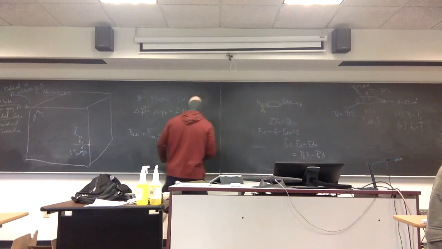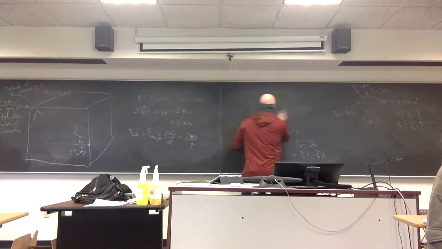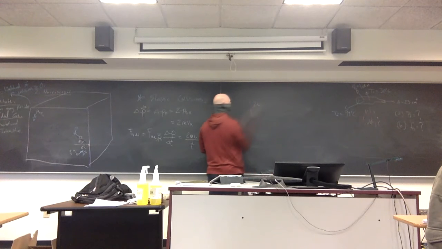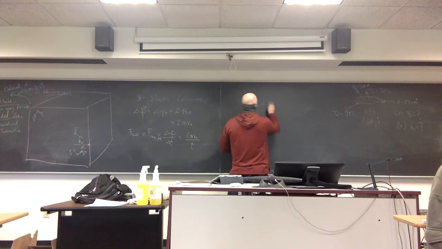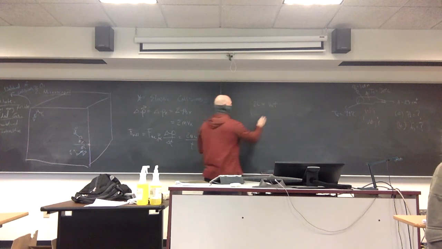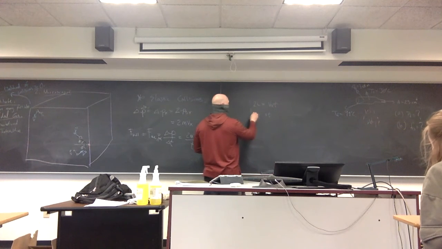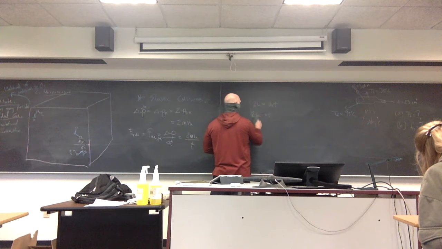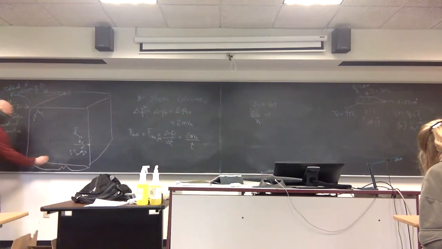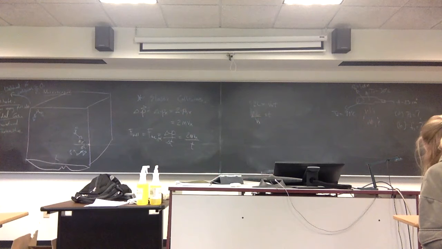So my time then, with zero acceleration, from our second kinematic equation says, well, the distance we're traveling is twice the length of the room. So this is equal to the initial velocity, which is only the x portion of the velocity, times the time, which means the time between successive collisions is simply equal to twice the length of the room divided by the velocity, which is moving.